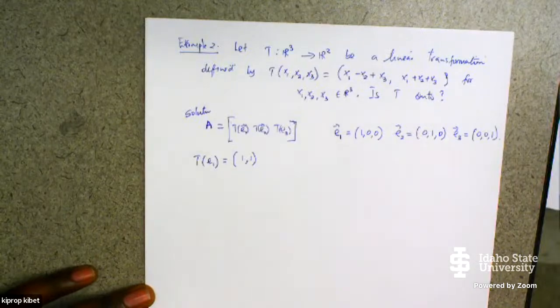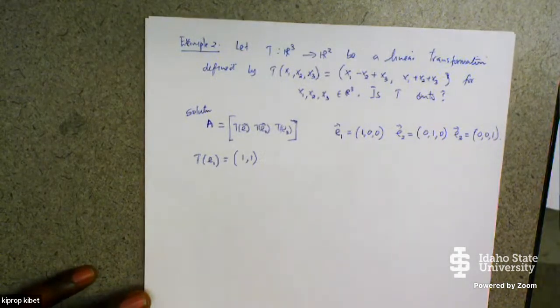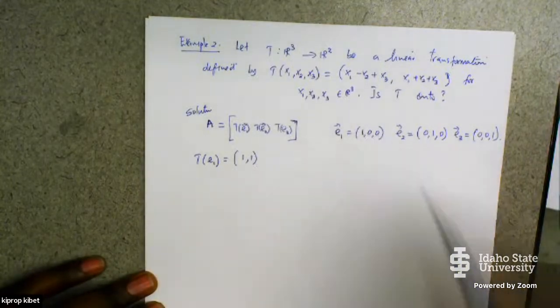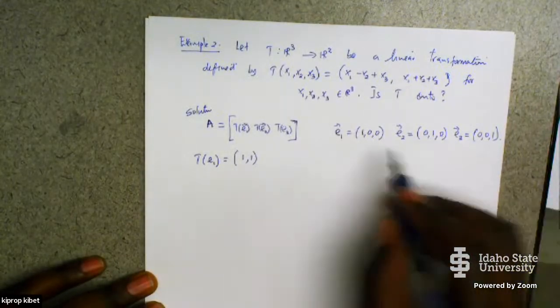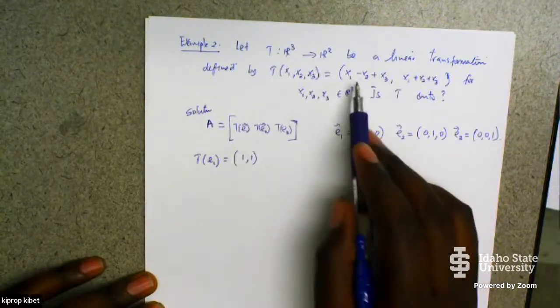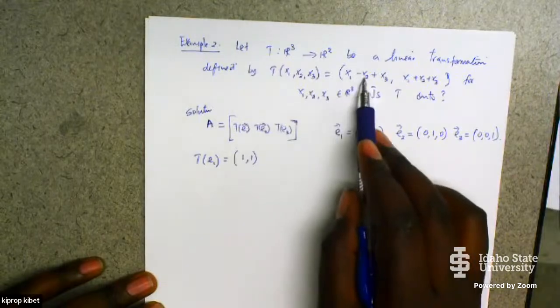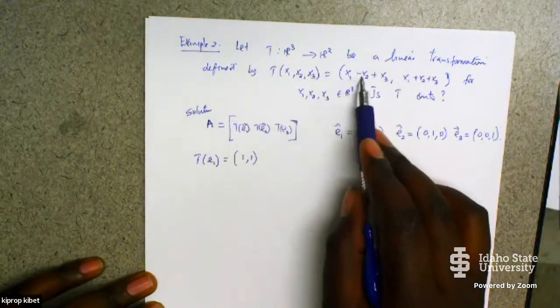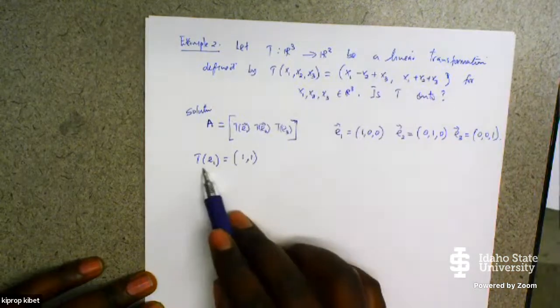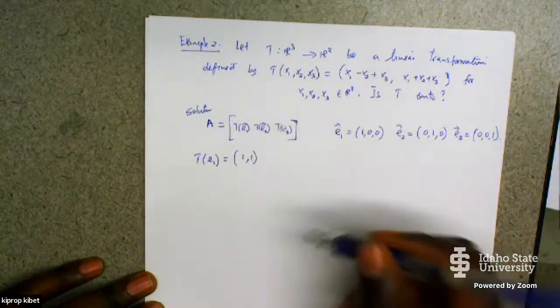Okay? Are we together up to that? So we have T of E1 is 1, 1.